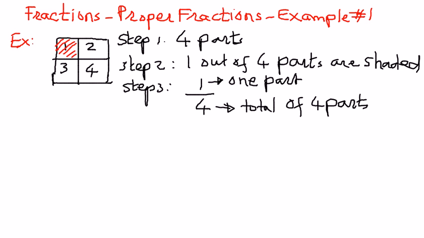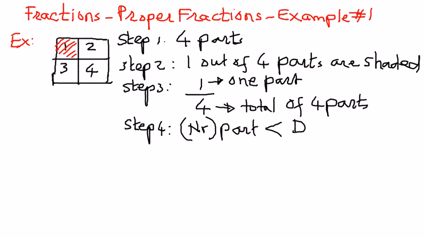As step number 4, since the numerator, which I'm going to represent as NR, is less than the denominator, which I'm going to represent as DR, therefore it is a proper fraction.